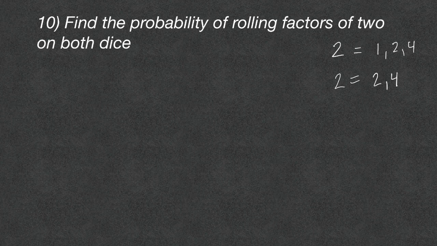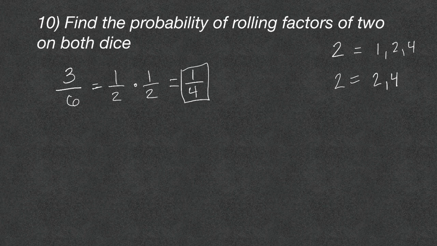So let's solve this both ways and see what happens. So if we look at factors being 3 factors out of every 6, right? Reduce that to 1/2. And we have 2 dice. We get a 1 in 4 chance or probability.